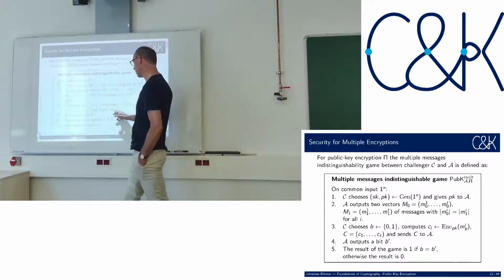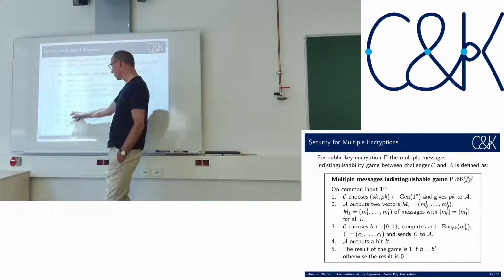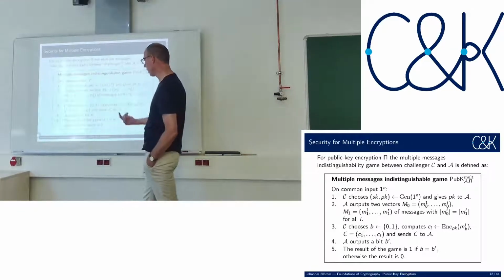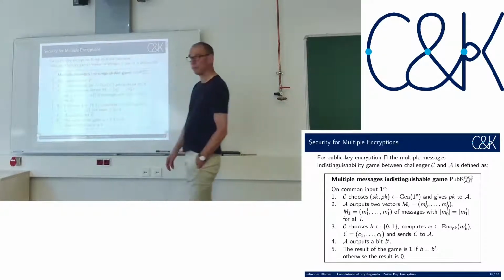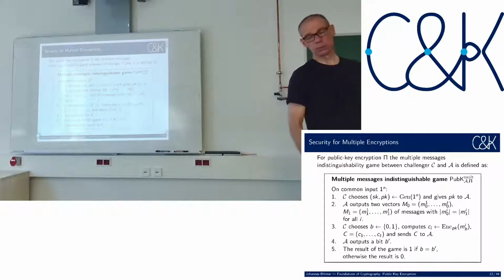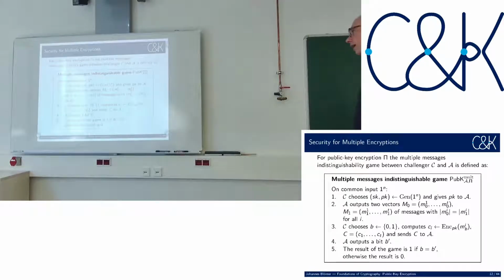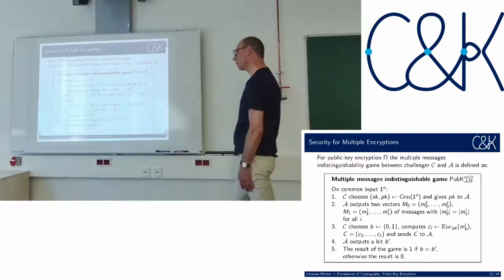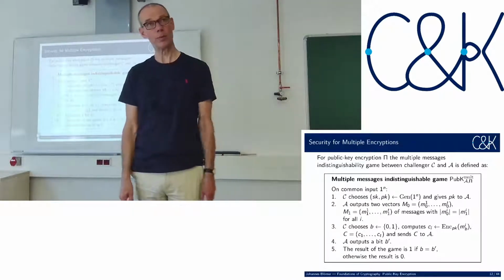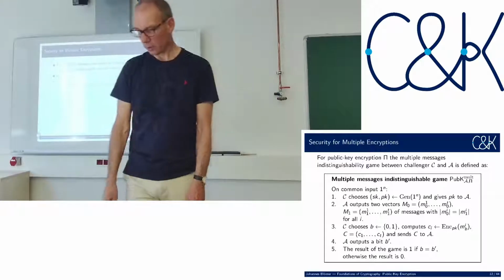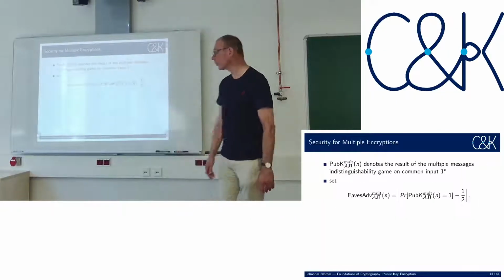Then it sends the sequence of ciphertexts to A. A outputs a bit b'. The result of the game is 1 if b equals b', otherwise the result is 0. Then we have our usual setup.